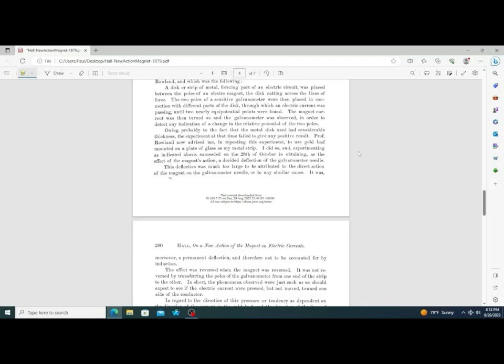And so he did this, and on the 28th of October, ta-da, when he brought a magnet past the gold leaf with the current flowing through it, there was a decided deflection of the voltmeter needle, and it was large enough to not be the magnet acting on the galvanometer or any similar cause.